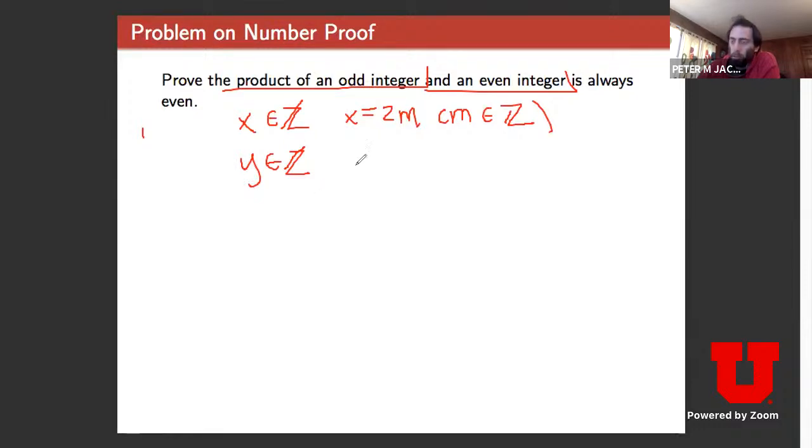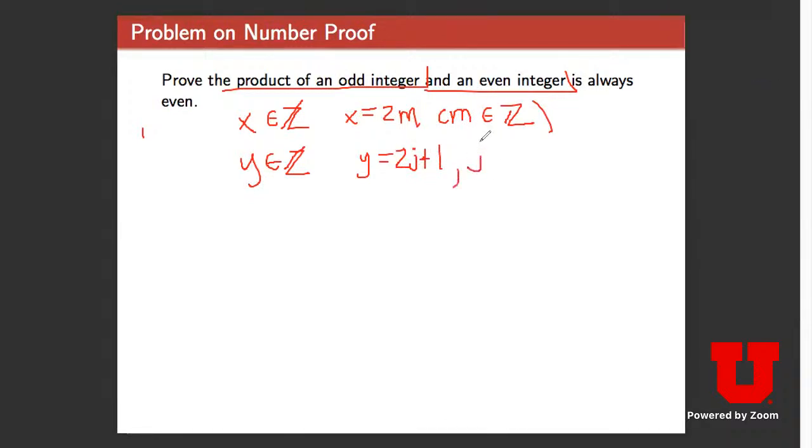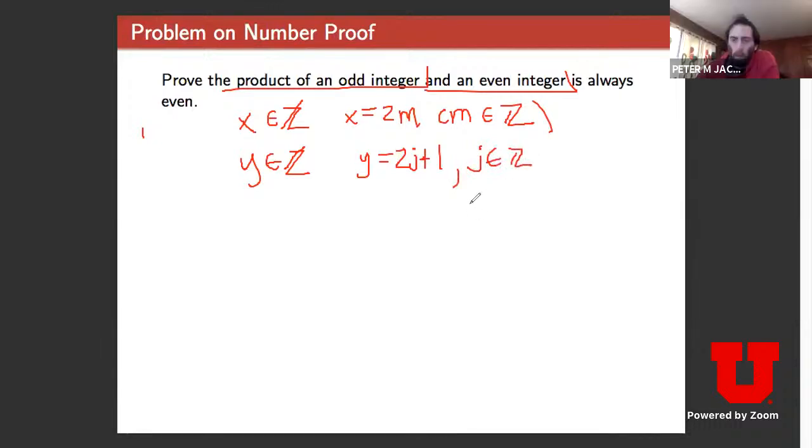So y is equal to 2j plus 1, where j is in the integers. Okay. Are there any questions about the setup? All right, so that's the setup.